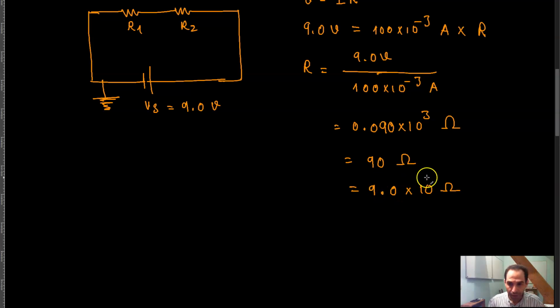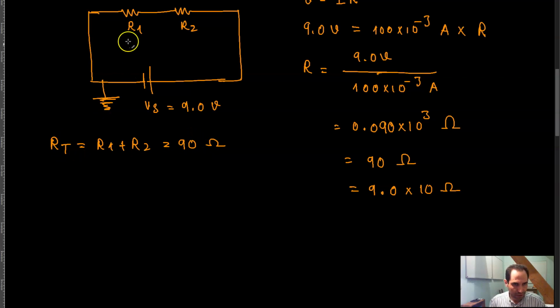So now, based on the 90 ohm total resistance that you have, you can calculate the value of R1, meaning that you know that your R total is equal to R1 plus R2, which is equal to 90 ohm.